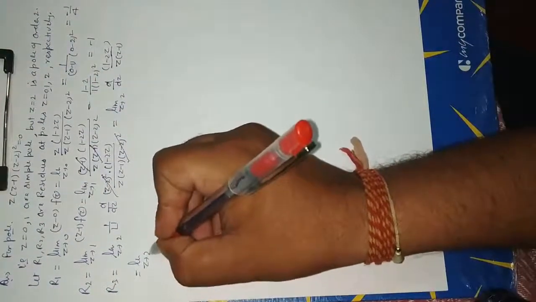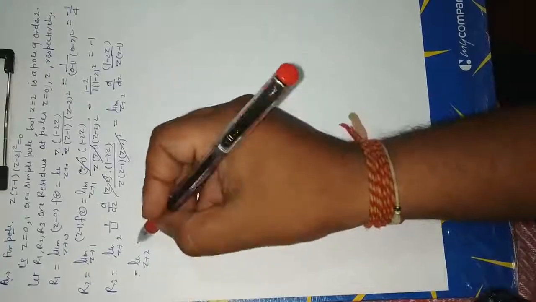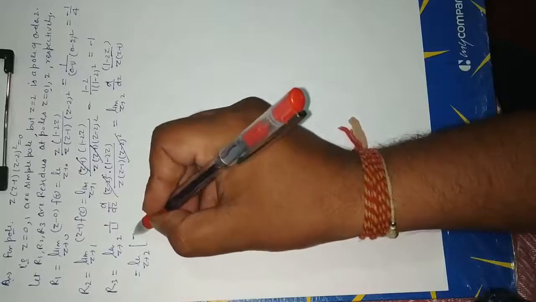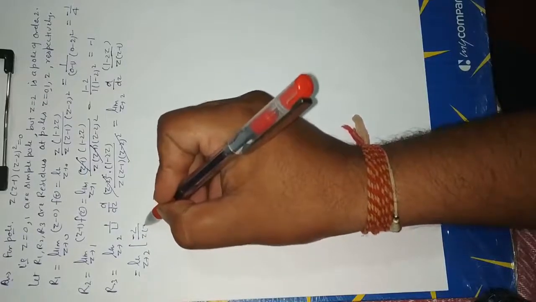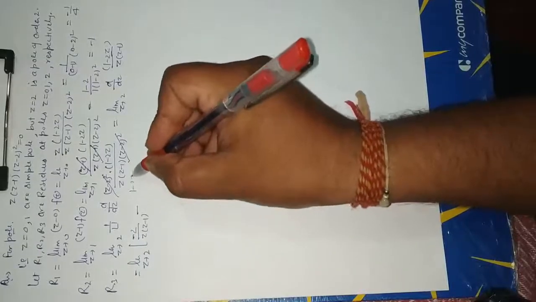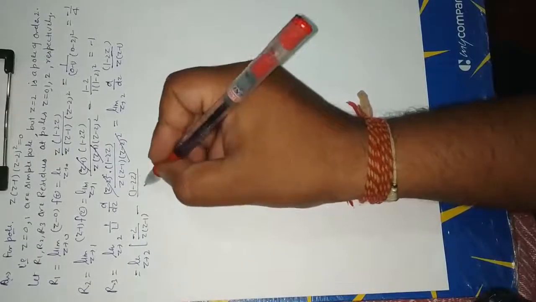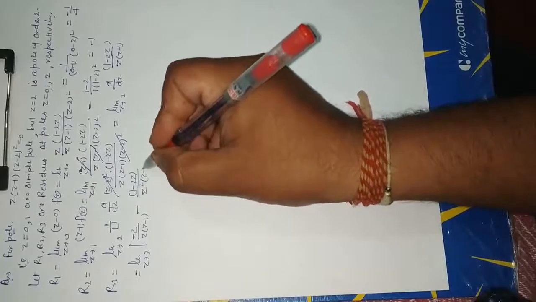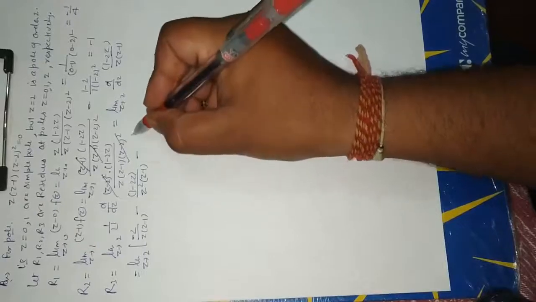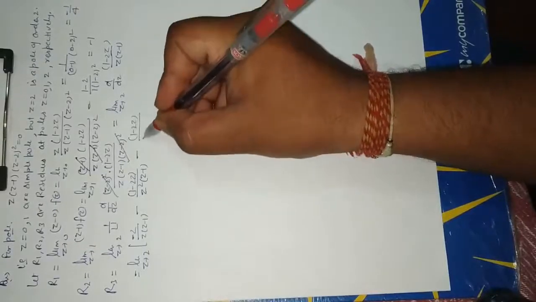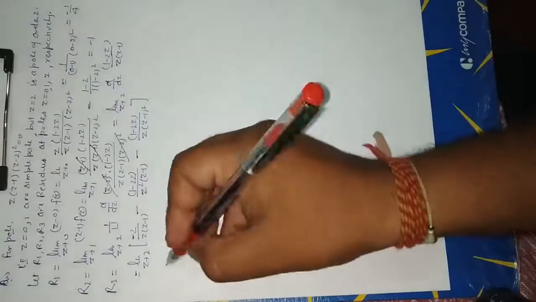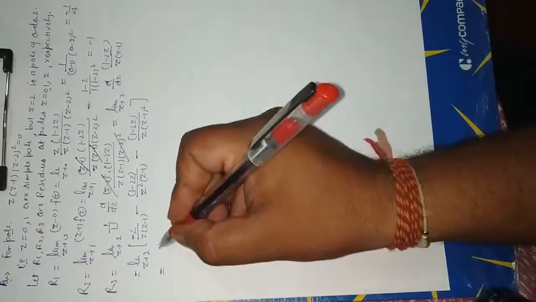Limit z tending to 2 of minus 2 upon (z minus 1), minus (1 minus 2z) upon z square (z minus 1), differentiation of 1 upon z, and then (1 minus 2z) upon (z minus 1) whole square.